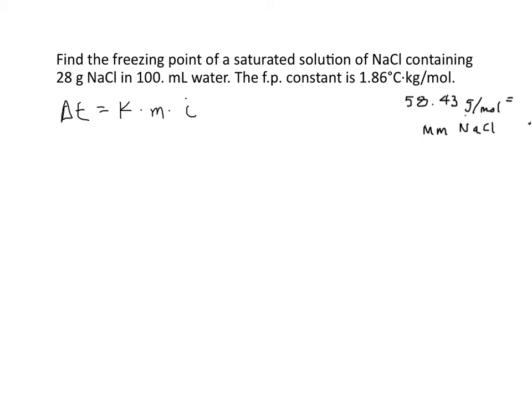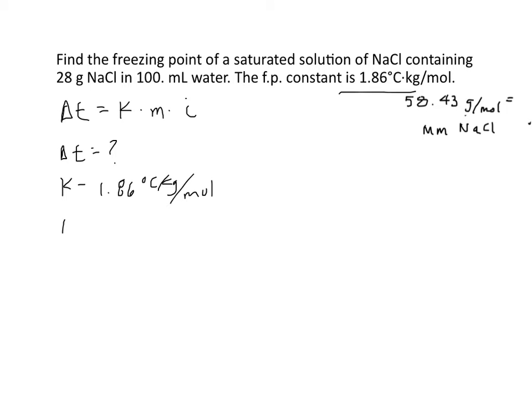Now, the next thing we can do is look at the various pieces. Delta T, obviously, we don't know what that is. We haven't been given that. K, we've been given here. This is our freezing point constant, 1.86.